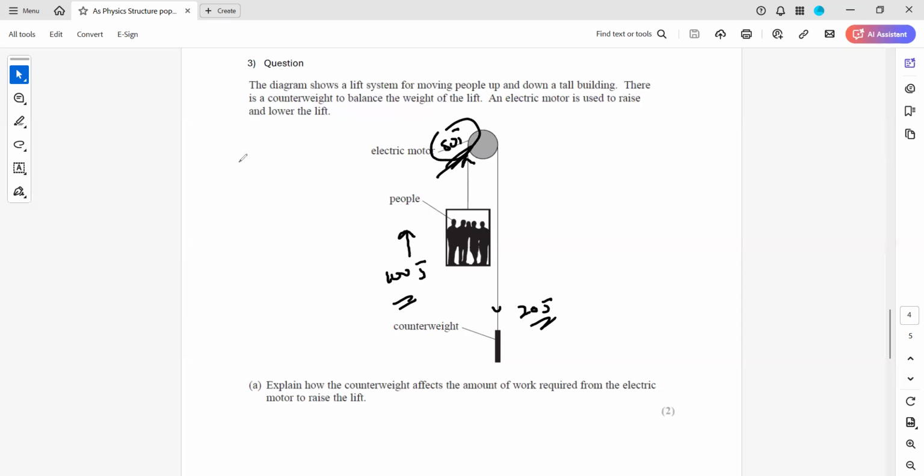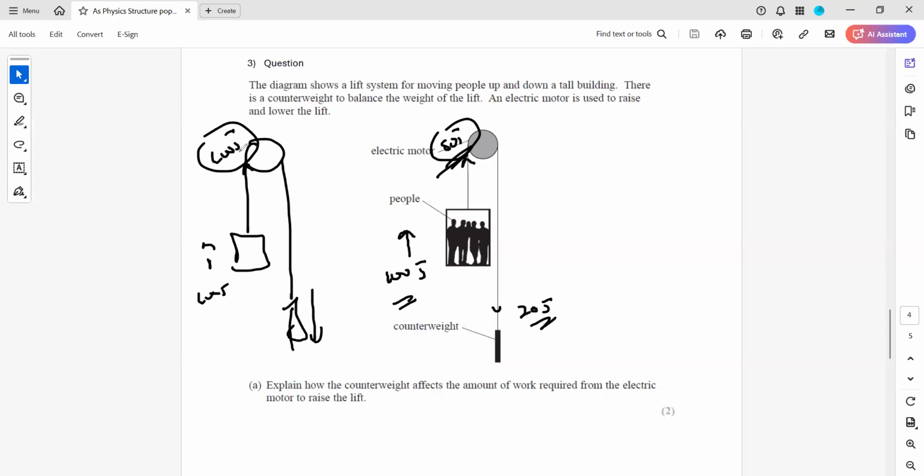So without the counterweight, what will happen? If we need 100 joules of energy to lift it up, the motor has to supply all 100 joules. But with a counterweight, the counterweight energy decreases, so the motor will not provide the same 100 joules. It will provide less than 100 joules so that the lift or elevator can move vertically upward.